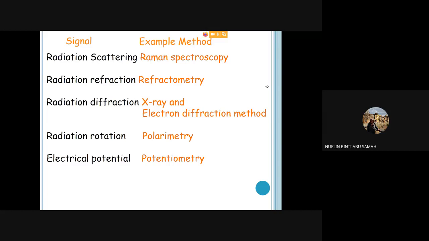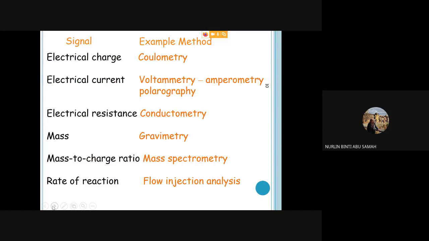Other than that, we also have scattering, refraction, diffraction, rotation, and also the electrical potential. These are a few examples of the signals. Also we have electrical charge, electrical current, mass, mass to charge ratio. This is the signal for mass spectrometry.